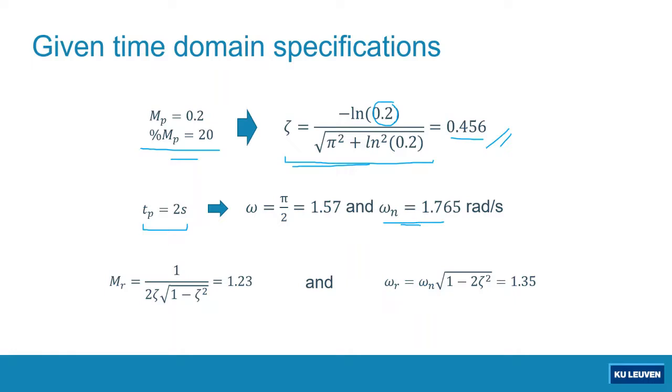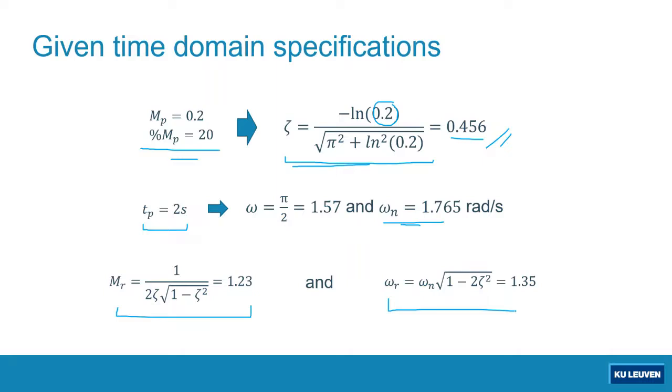Knowing these two pieces of information, we can easily estimate the features of the Bode plot. From the formulas in the previous slide, we can calculate the MR value and omega r value.